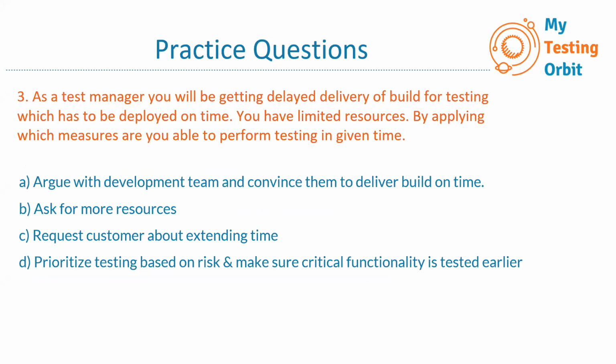As a test manager, you will be getting delayed delivery of a build for testing, which has to be deployed on time. You have limited resources. By applying which measures are you able to perform testing in the given time?